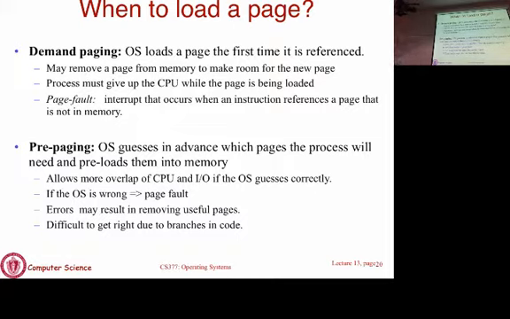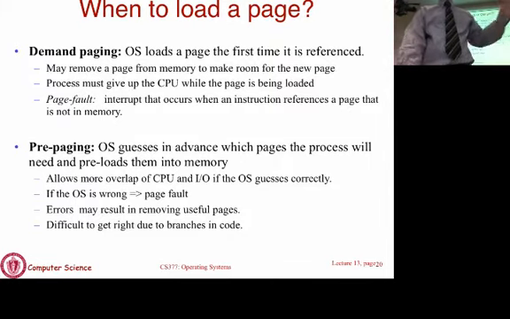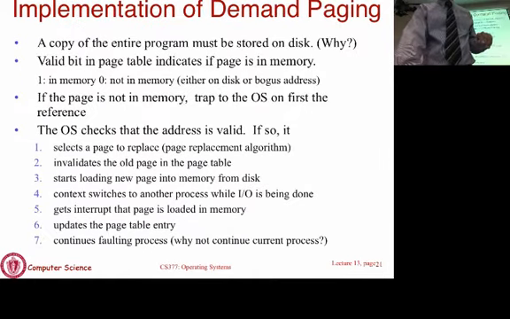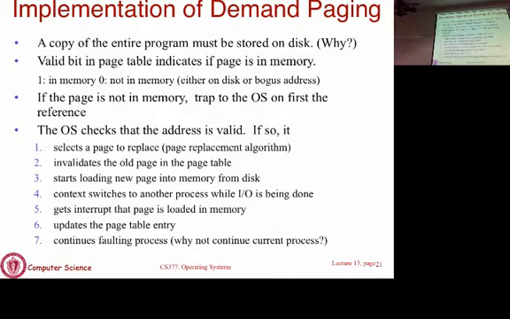Once it's done, then it's going to go back to the ready queue and resume execution. Okay, so the process will give up the CPU when you have a page fault. Okay, keep that in mind. You cannot continue execution. So it's not just a slowdown, you have to stop executing or suspend executing until the page is fetched.